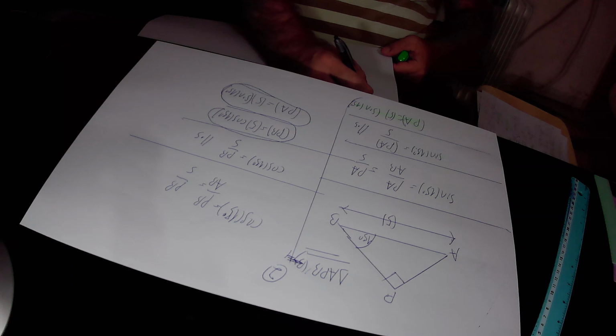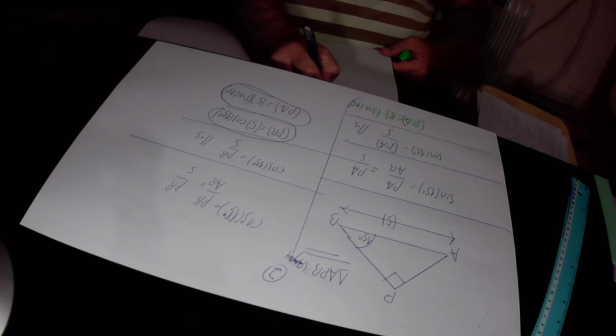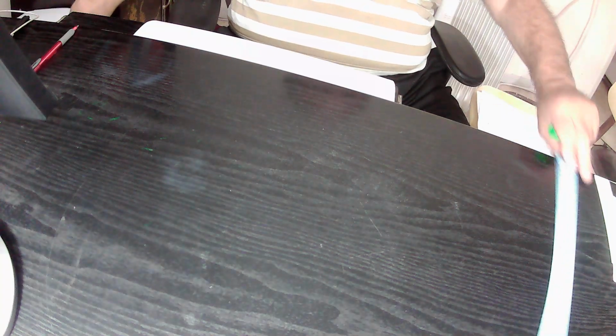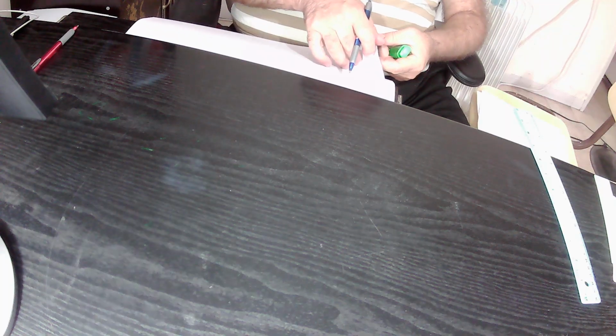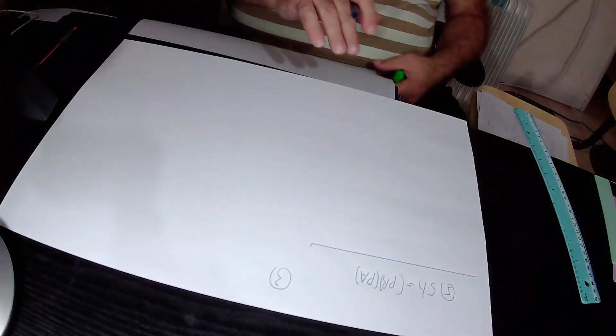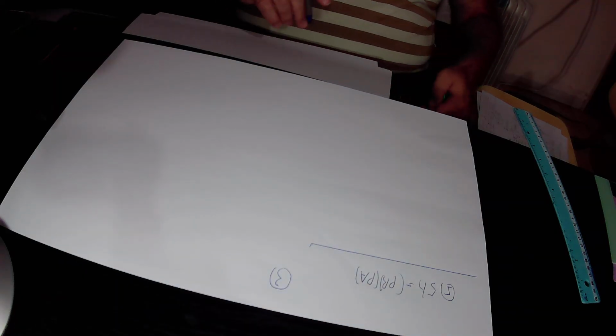Again, according to equation 1, we found that 5H equals PB times PA.